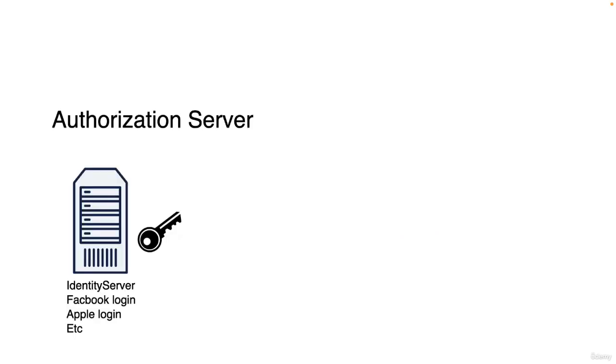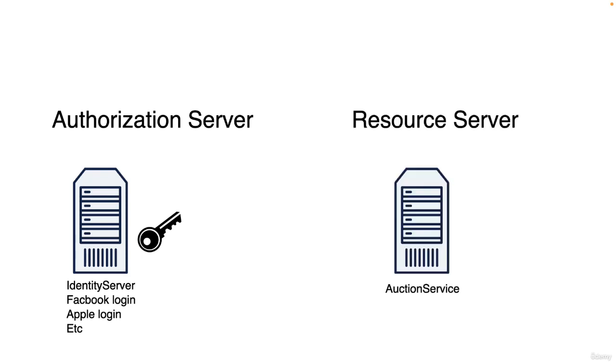So we have an authorization server. This is the application that knows the resource owner where the resource owner already has an account. In our example, this is going to be Identity Server. The resource server is the API or service the client wants to use on behalf of the resource owner. Sometimes this can be the same server.